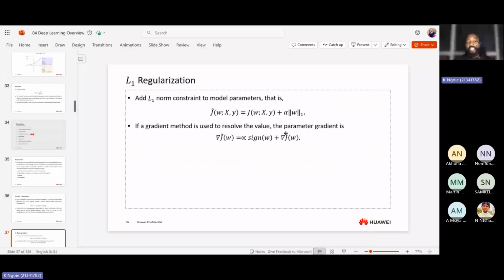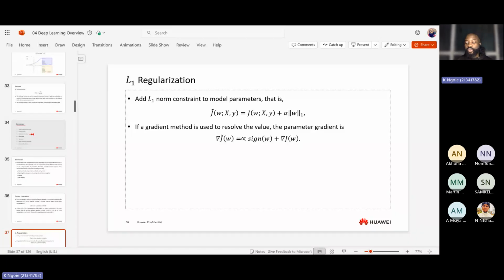The L1 constraint is represented this way. The L1 constraint is basically going to give us what we call a measure or magnitude of a certain vector. And the vector is composed of the input and the output that we have. So we're basically going to limit that.